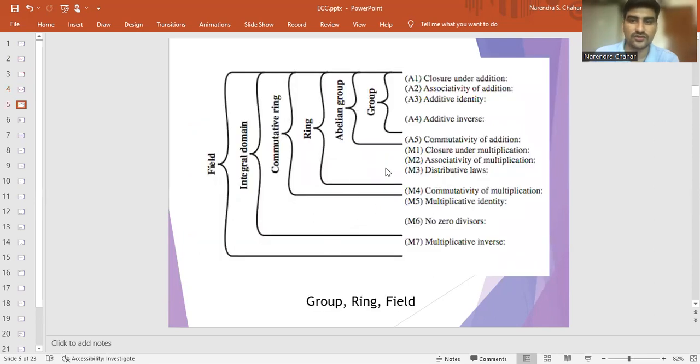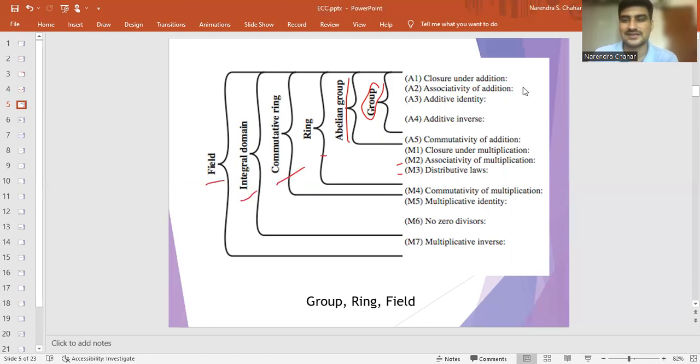When we talk more about these, what is a group, what is a ring, and what is a field? First of all, there is the group, then the abelian group, and then the ring, then the commutative ring, then the integral domain, and at the end, the field.